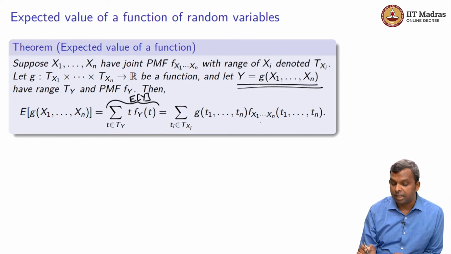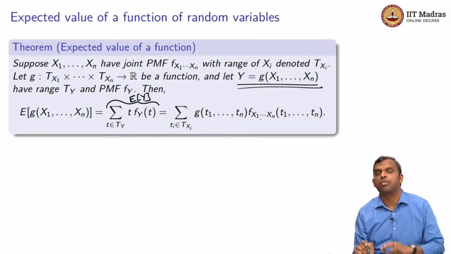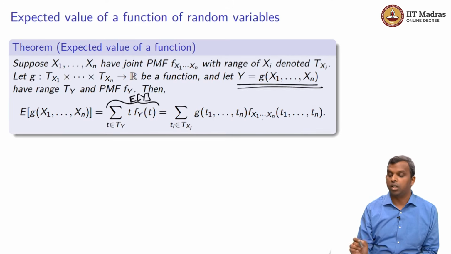The next one doesn't use the PMF of y at all. There's no use of the PMF of y. The function is used, and you just sum over all possible values that the random variables x1 to xn can take, the function times the joint PMF of the x1 to xn. Okay, so you don't need to find the distribution of y to find the expected value of y when it is a function of n random variables.